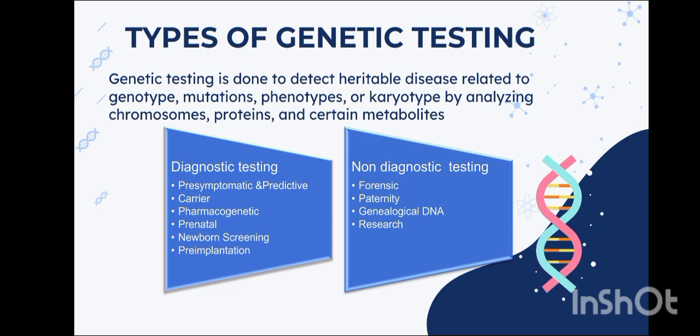Diagnostic testing has subtypes: pre-symptomatic and predictive, carrier, pharmacogenetic, prenatal, newborn screening, and pre-implantation. Non-diagnostic testing includes forensic, paternity, genealogical DNA testing, and research. So these are some types of genetic testing. Let's see them one by one.